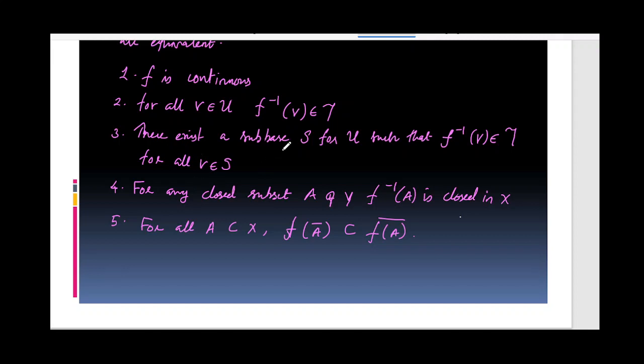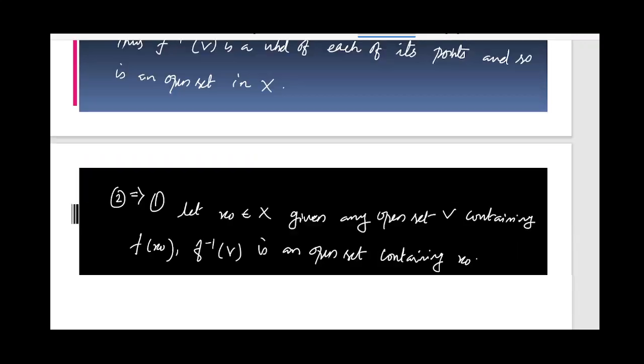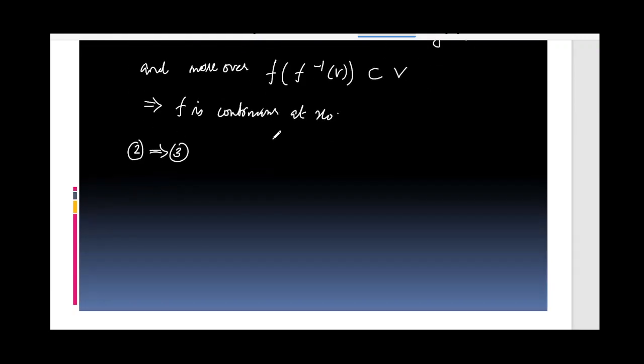Now there exists a subbase S for U such that f inverse of V belongs to our topology tau for all V belongs to S. So it follows very easily, right? Since for any set this is true, so in particular for a subbase element also it is true. So that part is very easy, trivial one.